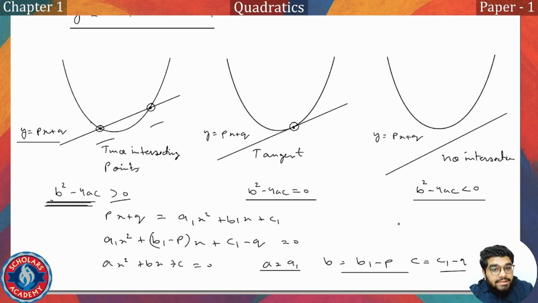For checking whether the line is actually tangent to the curve or not, we'll check whether the discriminant is equal to 0 or not. And to check whether the line and the curve are not intersecting, we'll see whether the discriminant is less than 0 or not. I hope it is clear. Let's move forward. Let's try some questions.